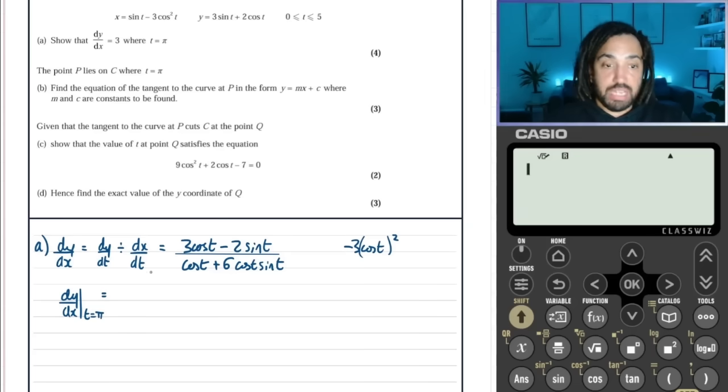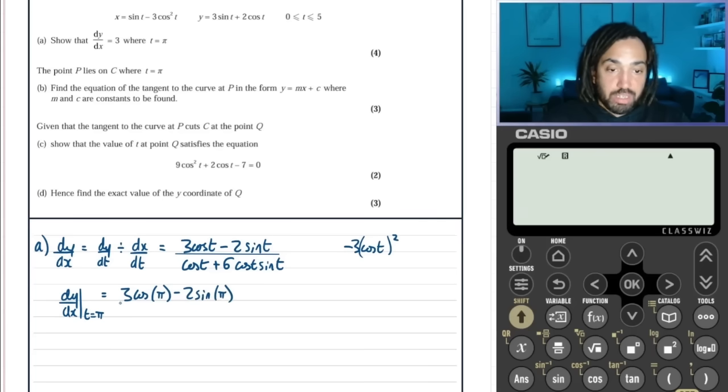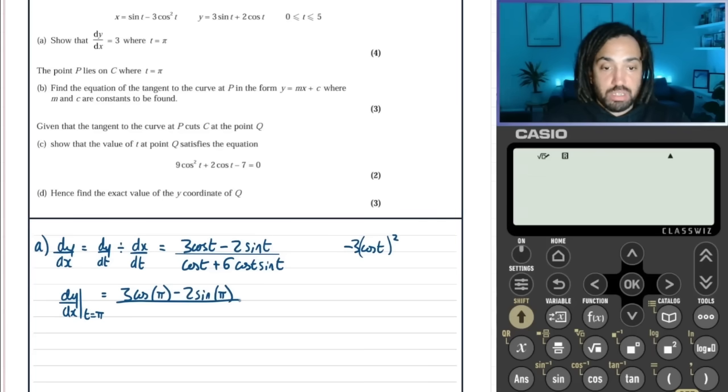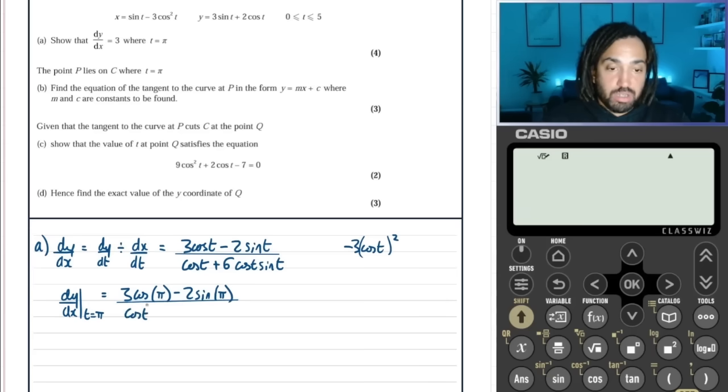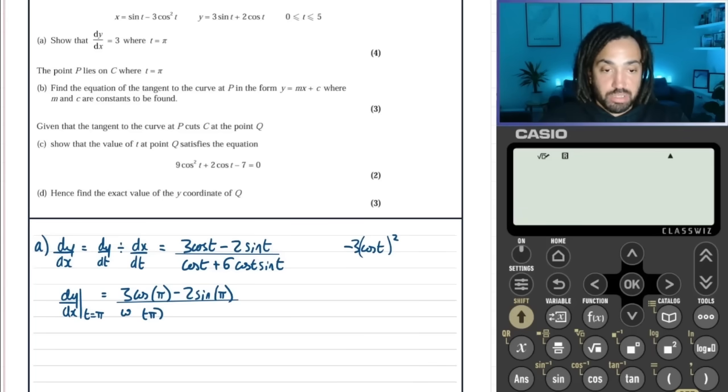So let's do that. So it's 3 lots of cos of pi minus 2 lots of sine of pi, all over cos of pi, and then it's plus 6 lots of cos of pi times sine of pi.